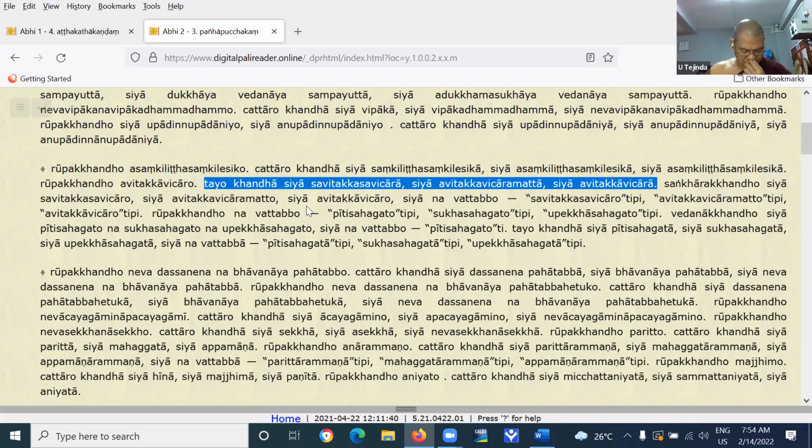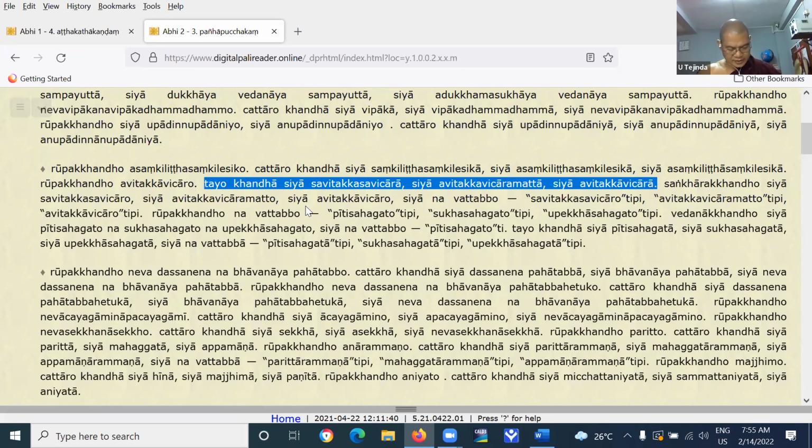Okay, so Vinnana Khanda is for sure. I think Sanna Khanda. I think maybe the Vedana Khanda. Vedana is sure. Because vitakka and vicara belong to Sankhara Khanda, right? Yes.